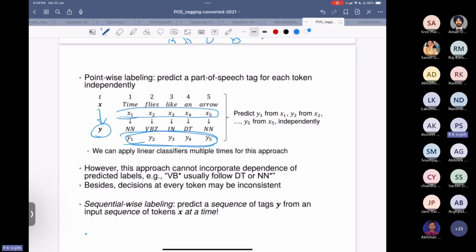Now, assume that there is a model which can do this.